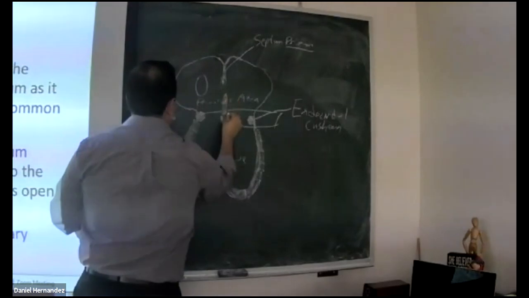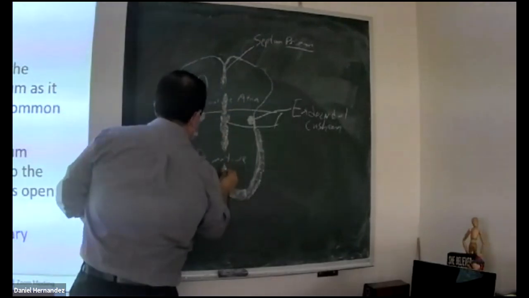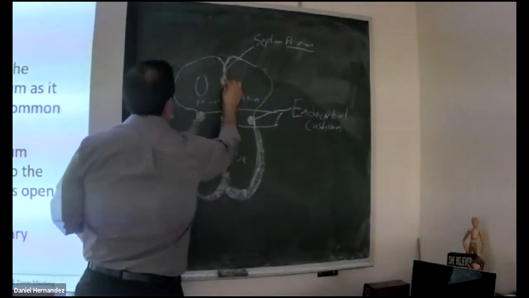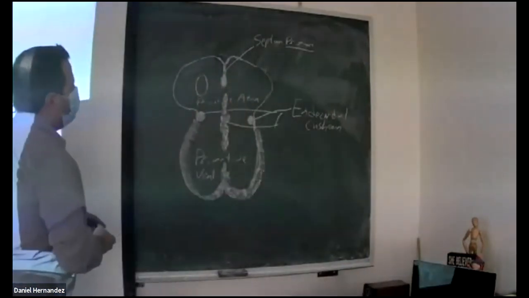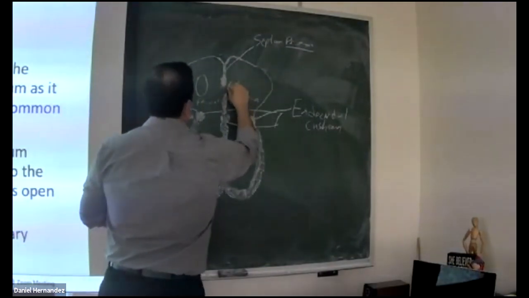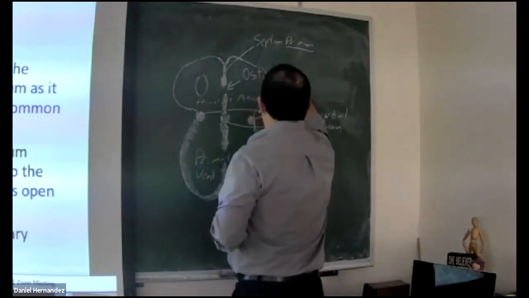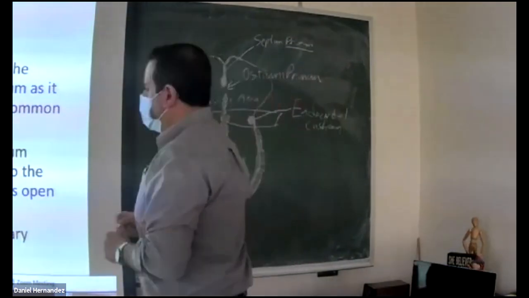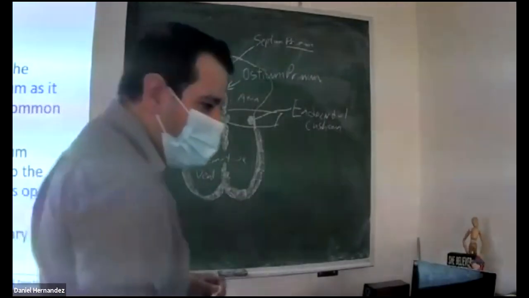So your septum is going to start forming from your endocardial cushions. And you're going to have a hole between the septum and the atria. And this opening is going to be your ostium primum. Ostium is your opening; primum, your first opening, the first to develop.